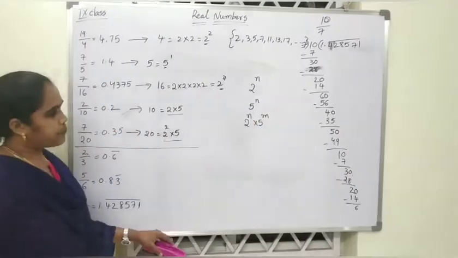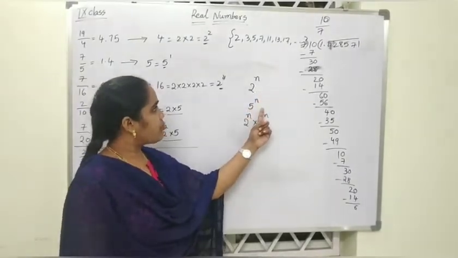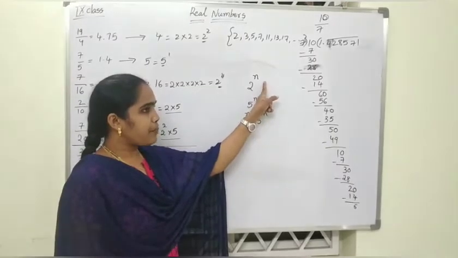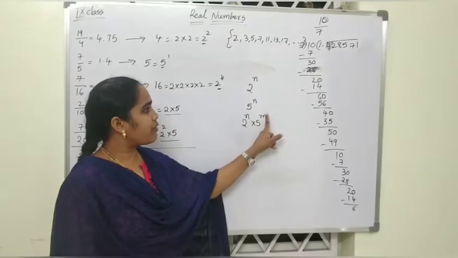If you observe, the denominators are in the forms of either 2 power something or 5 power something, 2 power something into 5 power something.